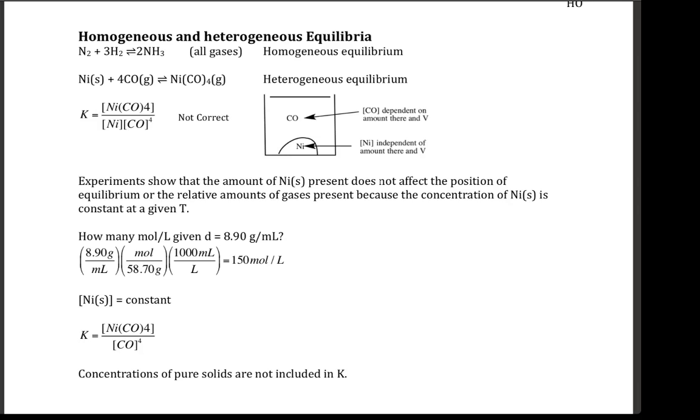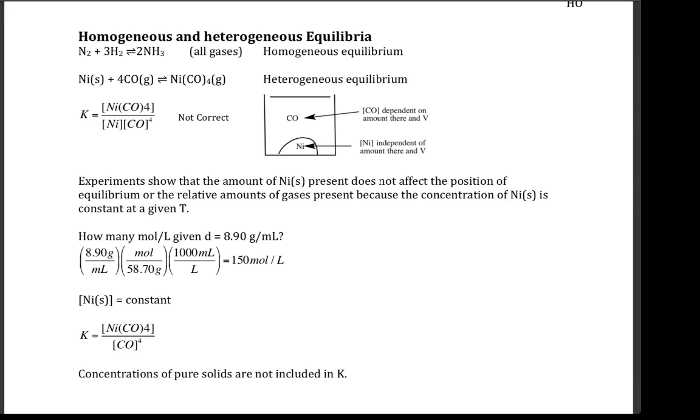They're all in the same phase. In fact, they're all gases in this case. This next equilibrium, nickel solid plus 4CO gas in equilibrium with NiCO4 gas, that would be a heterogeneous equilibrium because we have a mixture of phases.